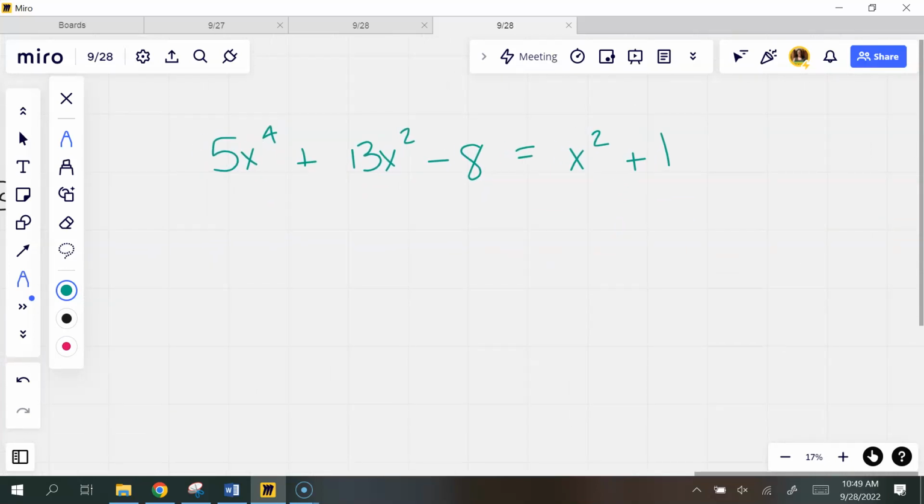It is not impossible. It's very possible. It can be factored. Yes, it can. It follows the rules.